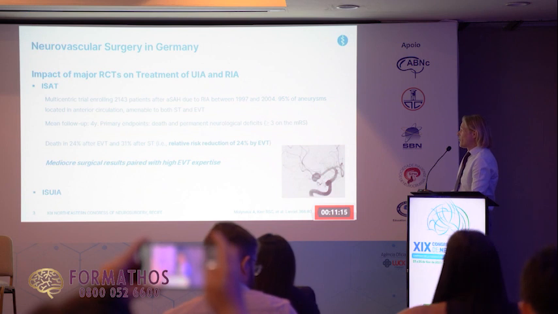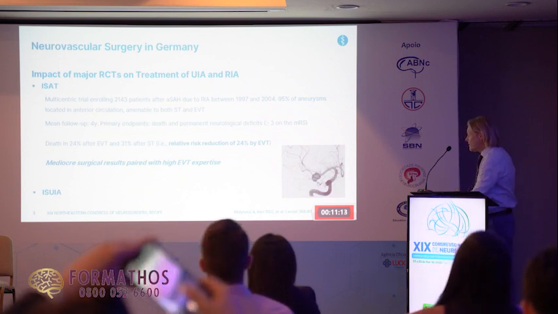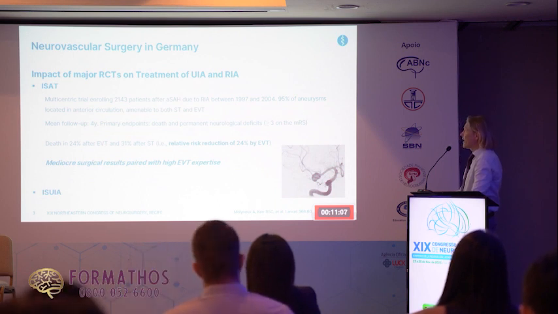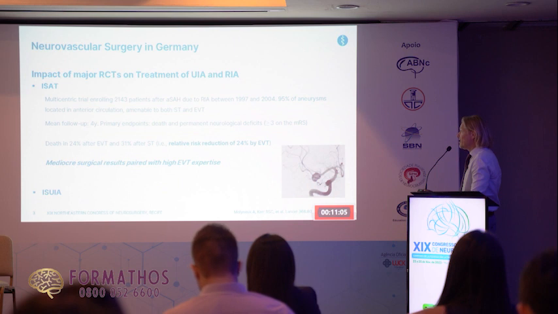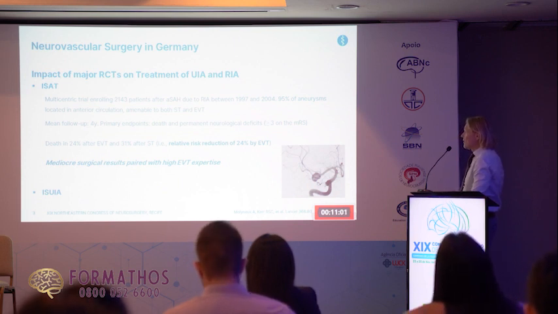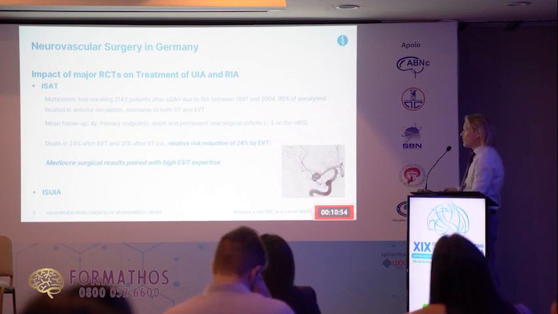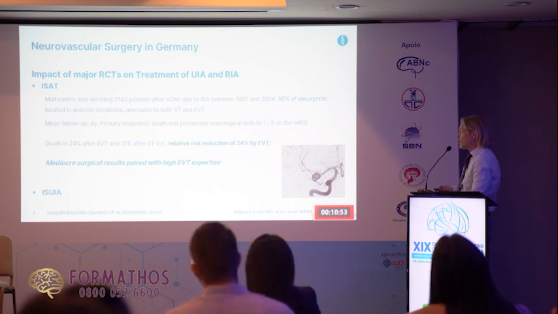There were several multinational trials that have sort of hampered a neurosurgeon's job, at least in Europe, and in any case in Germany. ISAT was the first one, enrolling more than 2,000 patients. 95% of aneurysms were located in the anterior circulation, amenable to both surgical and endovascular treatment.